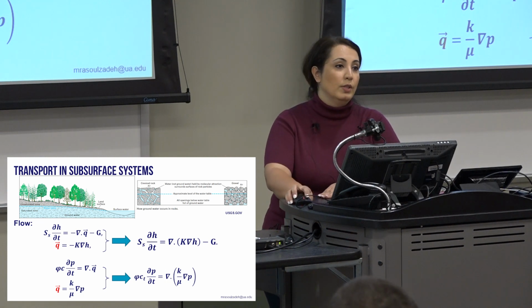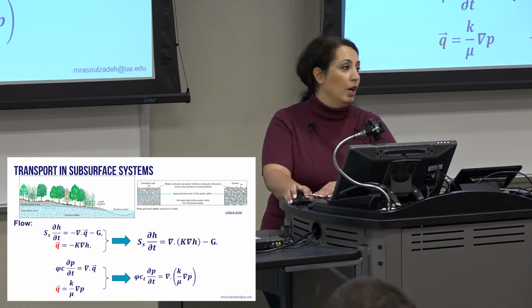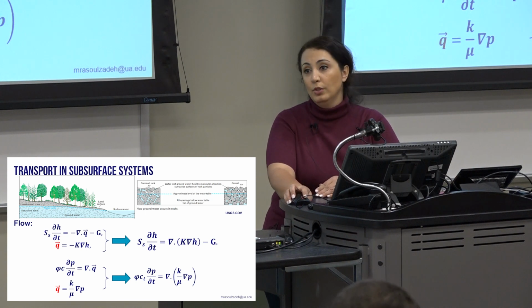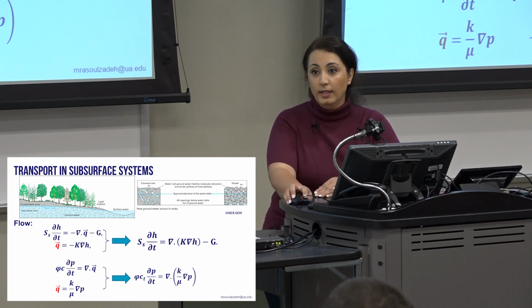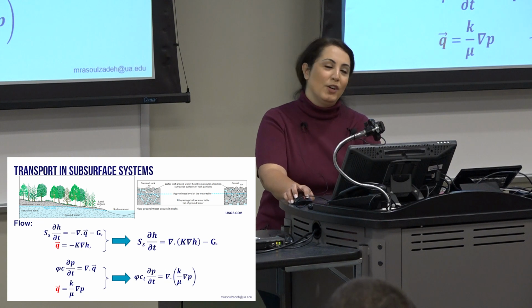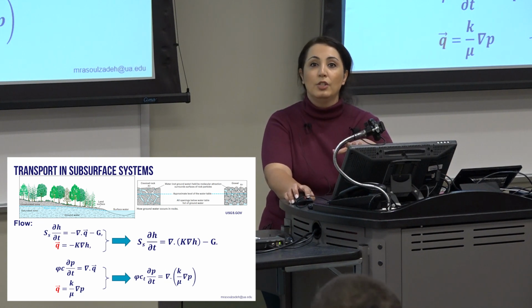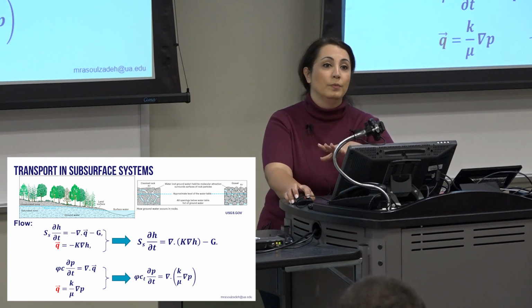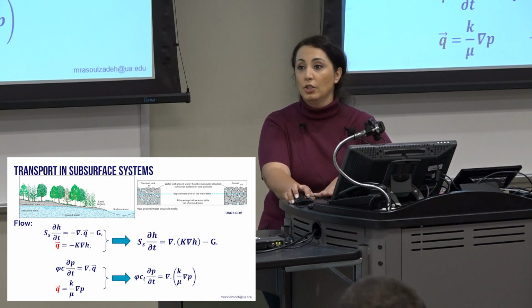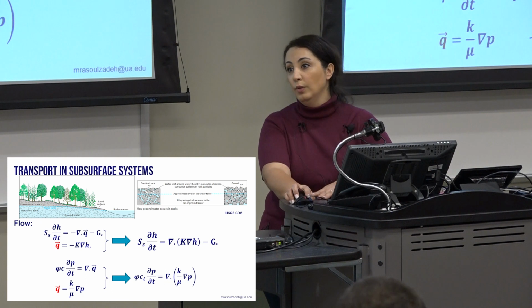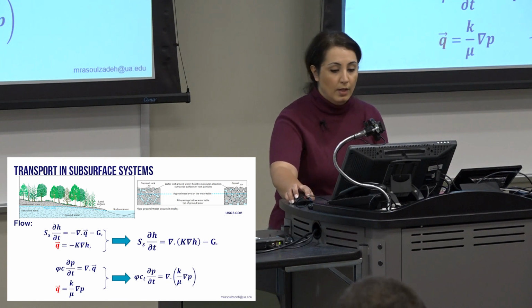If I want to use the language of the hydrogeologist, instead of pressure, I would use the hydraulic head. But in most of my talk, I will use pressure because some parts of this research were done when I was a postdoc back in Schlumberger and Total, two of the oil and gas companies.